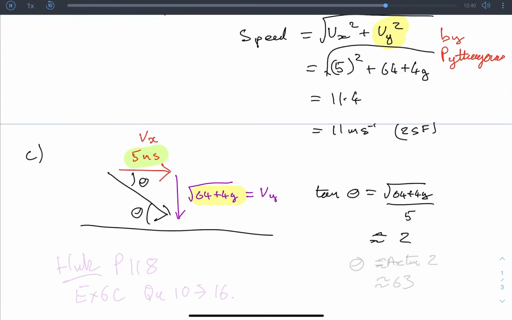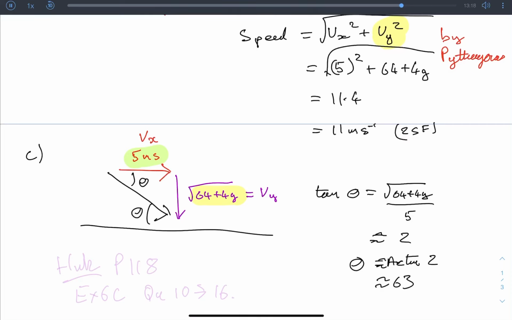So theta equals arc tan of 2, which is approximately, so we can tap it in the calculator, around 63, I think, 64. So again, check the detail, but it's going to be around 63, 64 degrees. Again, sensible to round it to two significant figures because we've used g. And that is it for that example.